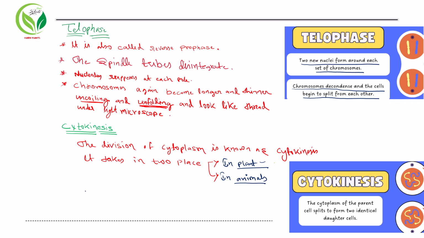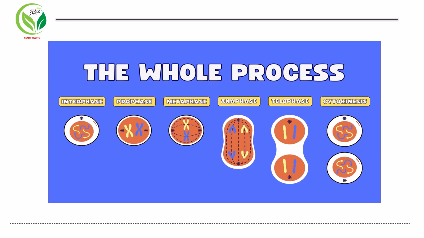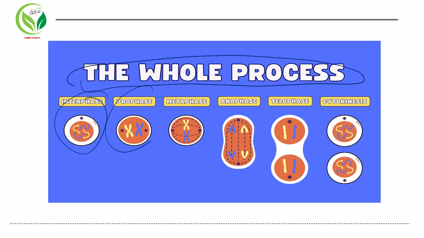Okay, so study meiosis later in the next part of the cell cycle. Okay, so here you can see that the whole process is also stored in the opposite pole.